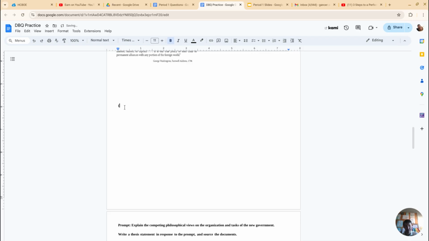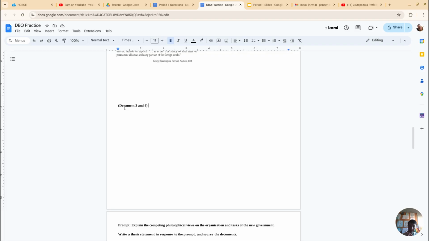Some people may put document 3 and 4 after the writing. That would suffice, but you do have to acknowledge where you use the document. First you're acknowledging them, explaining them, and then explaining how they're related to the prompt.